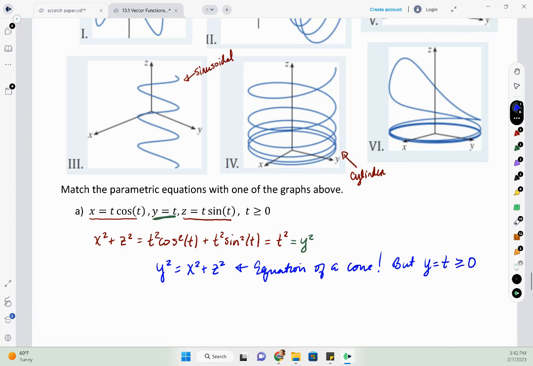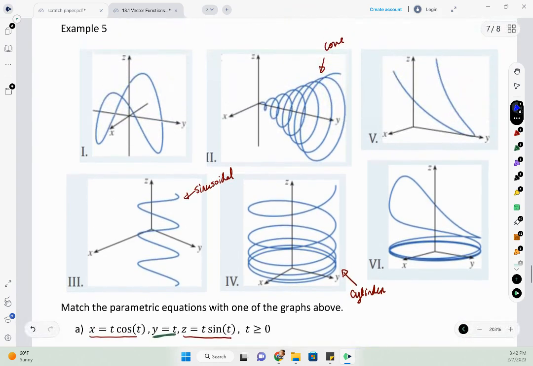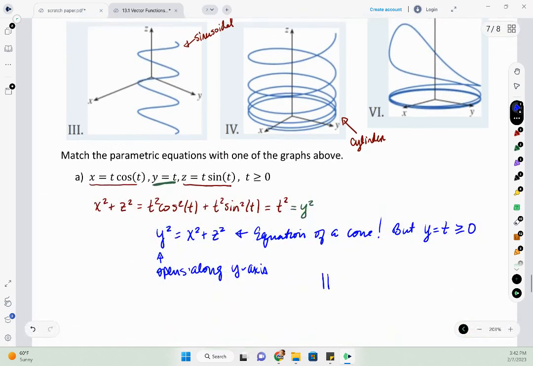I'm getting that from the parametric equation and the domain they put on. So I need a cone, and it looks like it should open along the y-axis. Because y is only positive, we get half of a cone. It looks like number 2. Okay, so that's the match there.